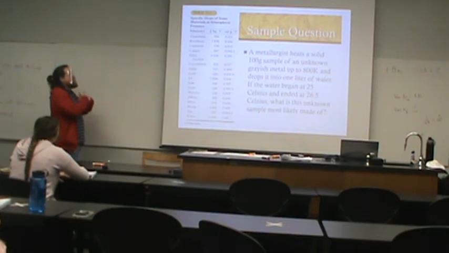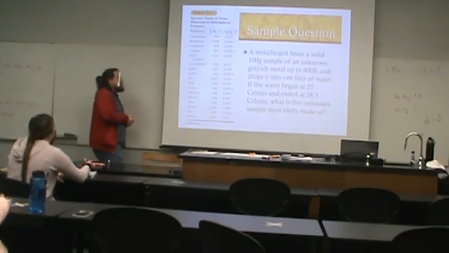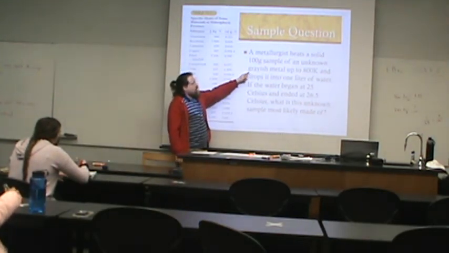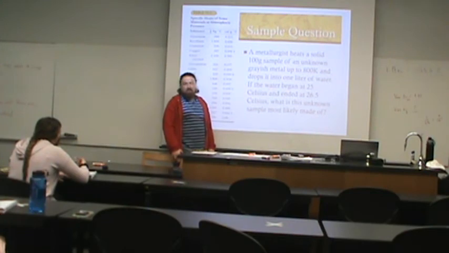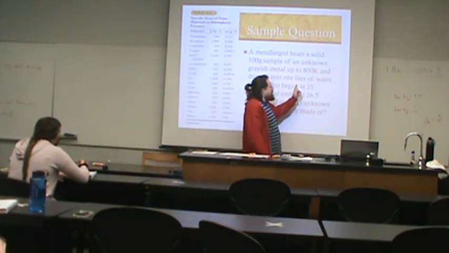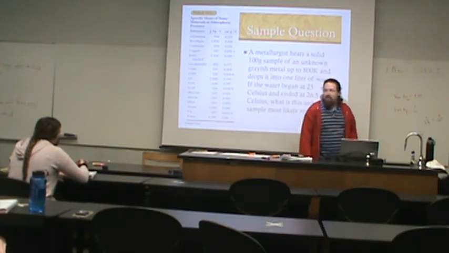Describing a physical situation, a metal scientist has a sample of metal. They know its mass, they know it is solid and gray, but that's all they know about it. So they heat it up to 800 Kelvin and then drop it in a bucket.